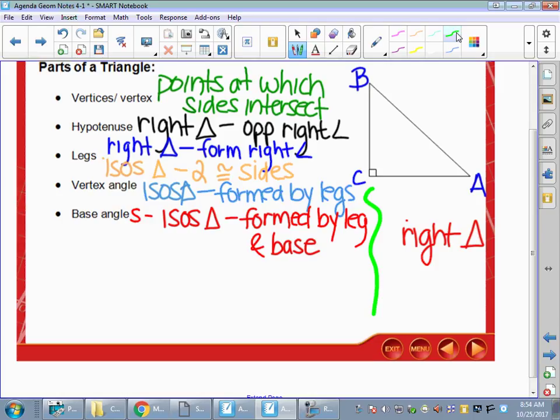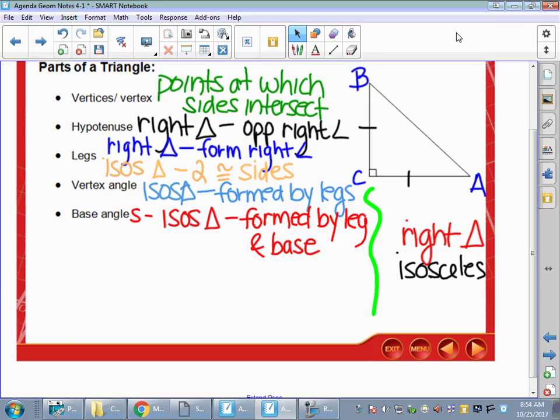Also, what if I put congruent dashes on side BC and side AC? Well, now not only is it a right triangle, but it's isosceles because it's got at least two congruent sides. So I would call that a right and an isosceles triangle if I'm labeling by sides and by angles separately.